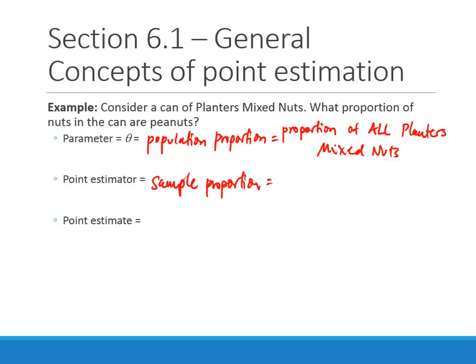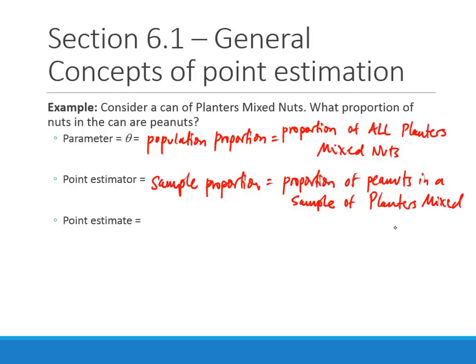By sample proportion, I mean I can take just a single can of Planters nuts and count out the proportion of peanuts in it. That's the proportion of peanuts in a sample of Planters mixed nuts.